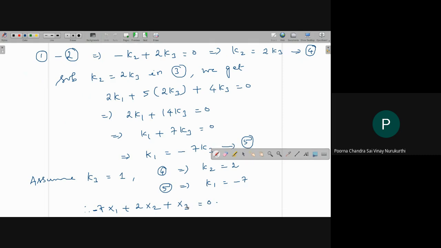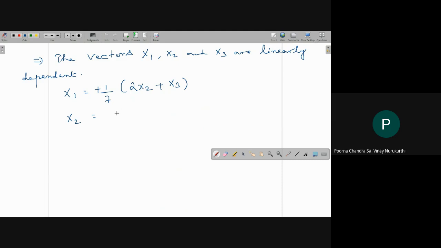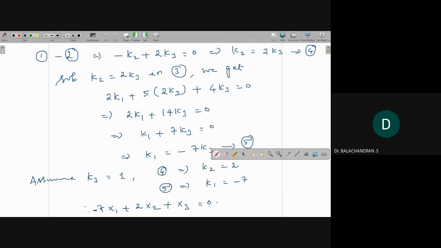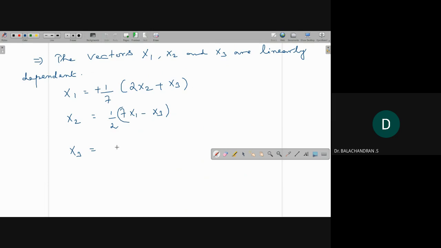Minus 1 by 2 into minus 7x1 plus x3, so x2 equals 1 by 2 into 7x1 minus x3. Yes, sir. So this is the answer for the second part.